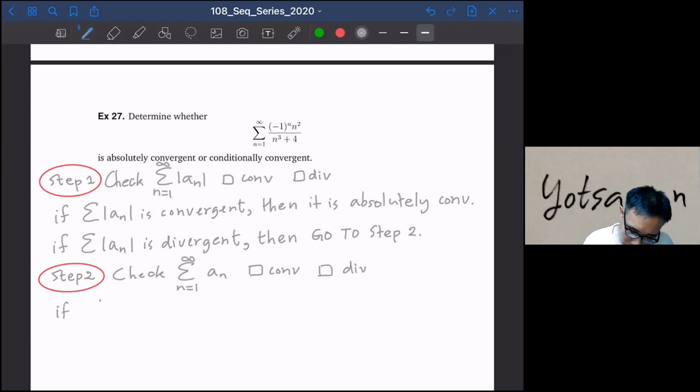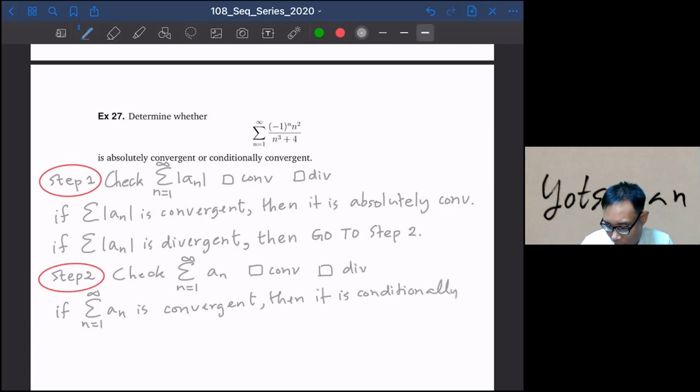If the series an, n equal to 1 to infinity, is convergent, then it is conditionally convergent. And if the series n equal to 1 to infinity of an is divergent, so it is divergent.